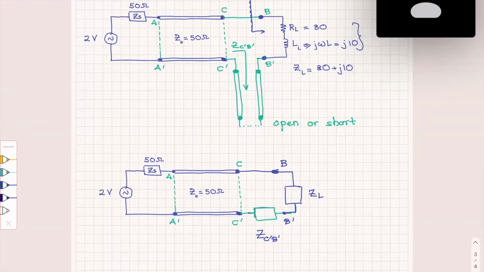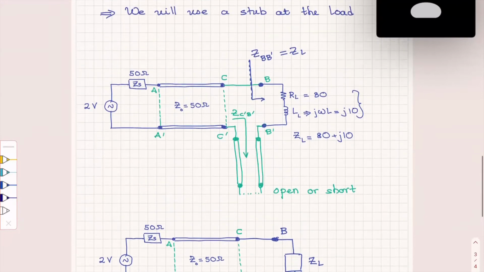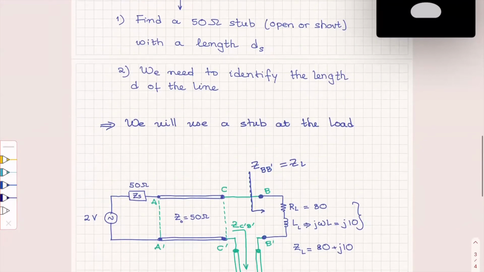Now let's think what we need to do in this case. So I will solve the problem in two different ways, all right, for you. So this solution is without the Smith chart. And then I'll do one with the Smith chart.